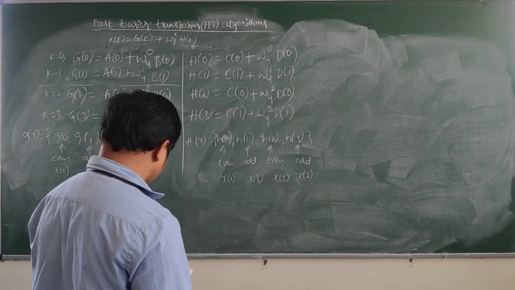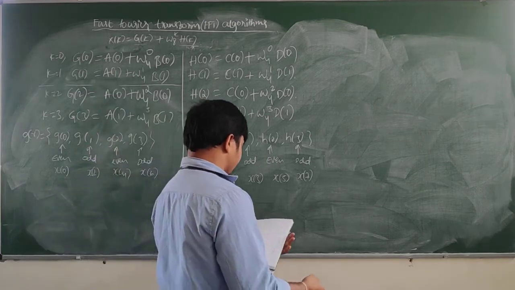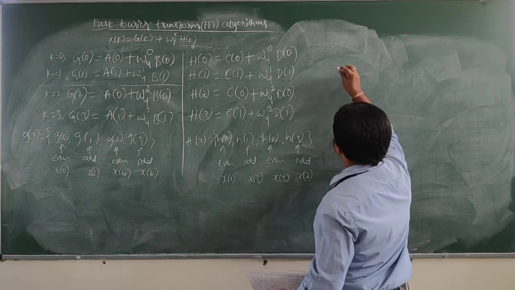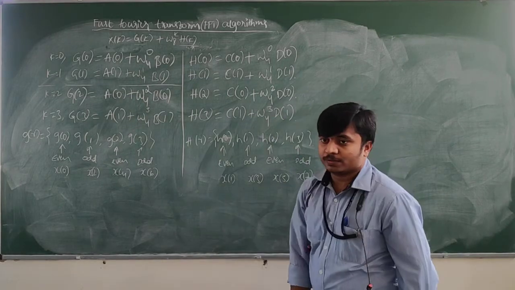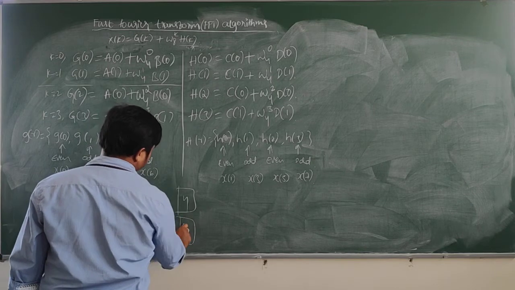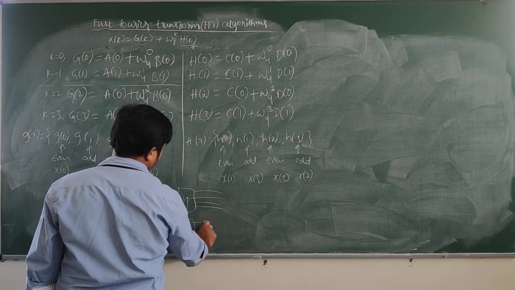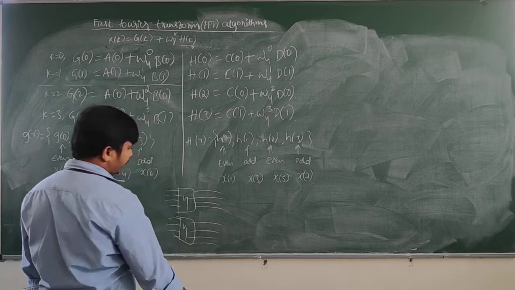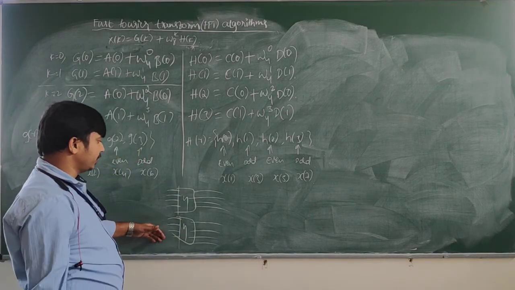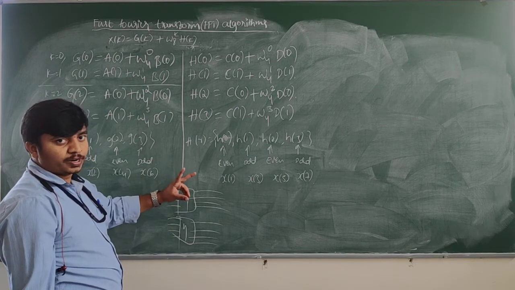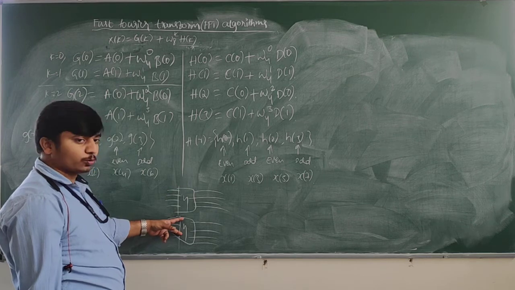Okay, so therefore we get a structure like this. So previously what was the structure? I had two 4-point DFT sequences. Okay, so this was my previous structure. Now I have split this 4-point into two 2-point DFTs. Here also two 2-point DFTs.